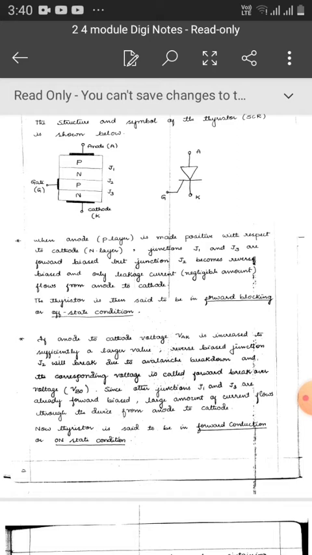When the anode is made positive, that means the P layer is made positive with respect to the cathode N layer, junctions J1 and J3 are forward biased, but junction J2 will be reverse biased, and only leakage current flows due to the minority charge carriers. Leakage current flows from anode to cathode. The thyristor is then said to be in the forward blocking or off state.